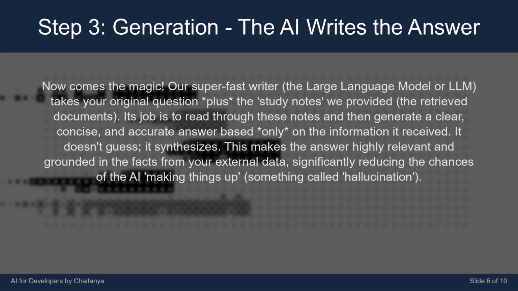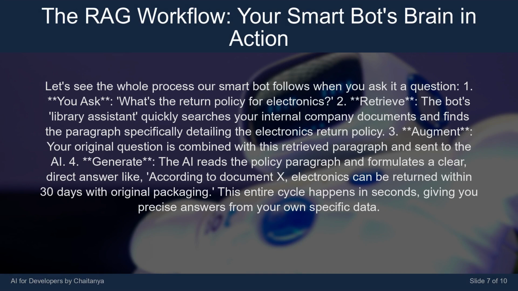It doesn't guess. It synthesizes. This makes the answer highly relevant and grounded in the facts from your external data, significantly reducing the chances of the AI making things up. Something called hallucination. Let's see the whole process our smart bot follows when you ask it a question.